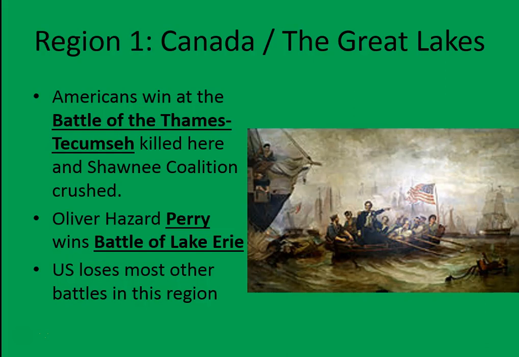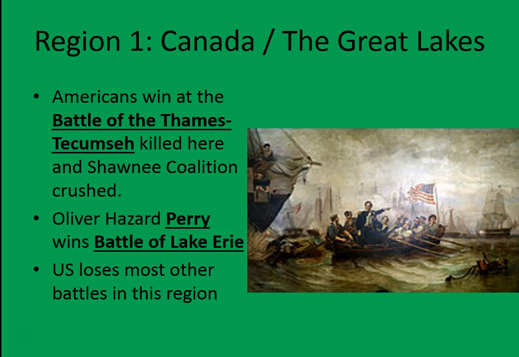This war isn't very long, and as you'll see, doesn't really have long-term major changes to America's territory. So rather than doing it chronologically, I broke it up into three different regions where the war takes place. The first region is around Ohio, the Canada and Great Lakes region. I'll start with the bottom bullet point first, because in this region, the United States lost almost all of the battles.